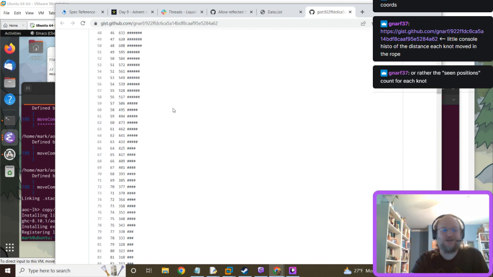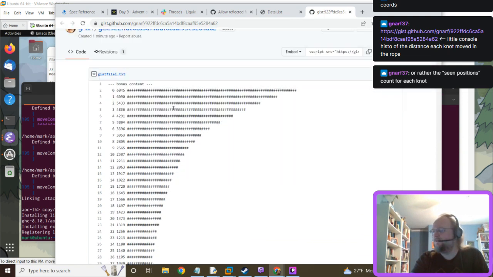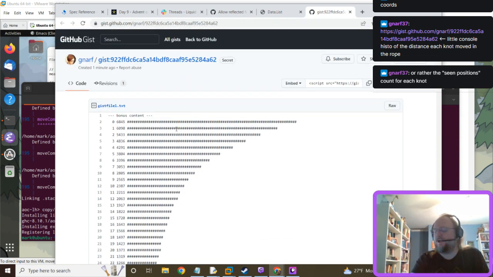It's a histogram of how many positions each chain in each knot covered.